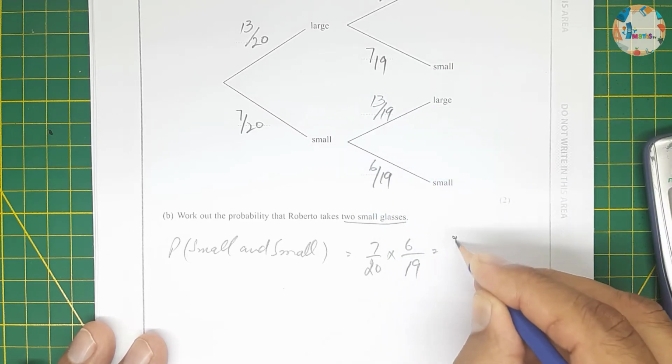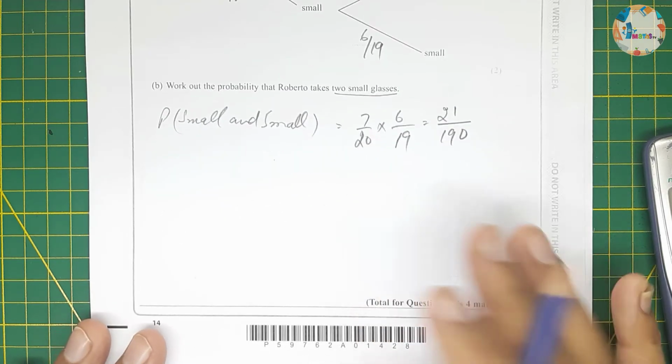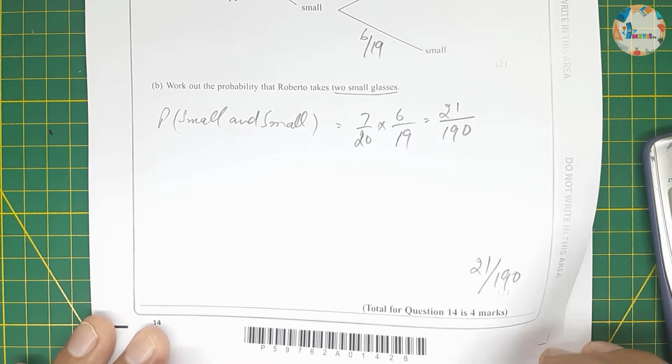So this is equal to 21/190. This will be our answer, 21/190. So this is done.